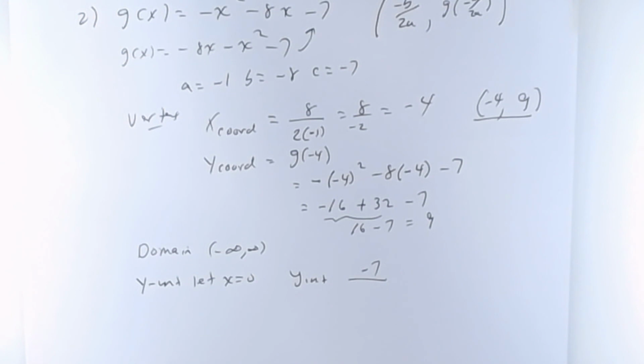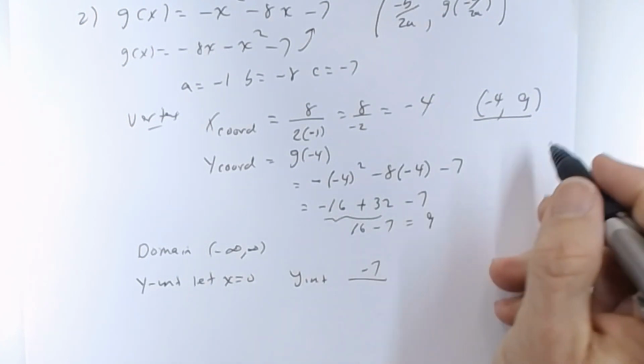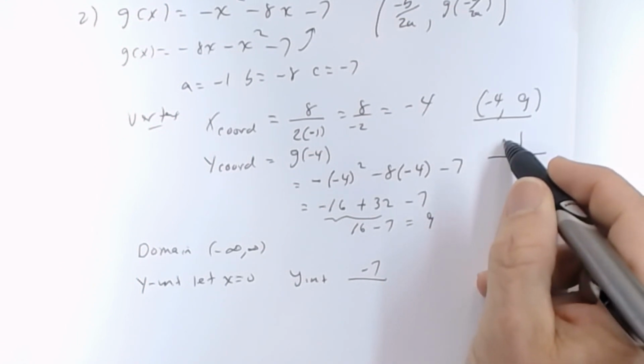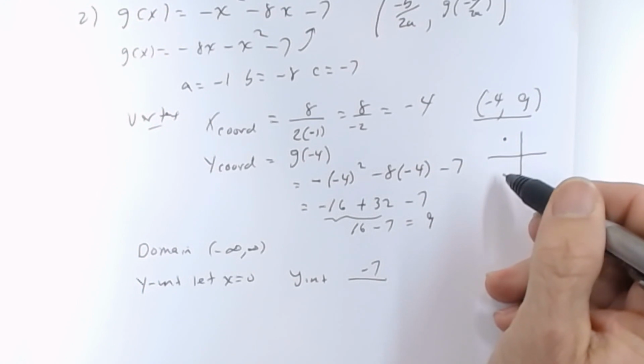All right, do I have any x-intercepts? Am I always going to have an x-intercept? No. How can you tell if this function g has an x-intercept? Look at your vertex and then look at a. So the vertex is located where? Kind of draw something like this, so you know it's -4, 9, so it's in the second quadrant, right? What is a? -1. So a is negative.